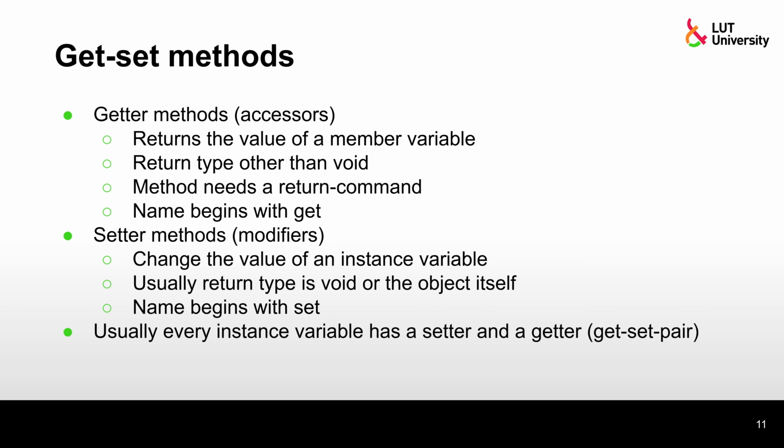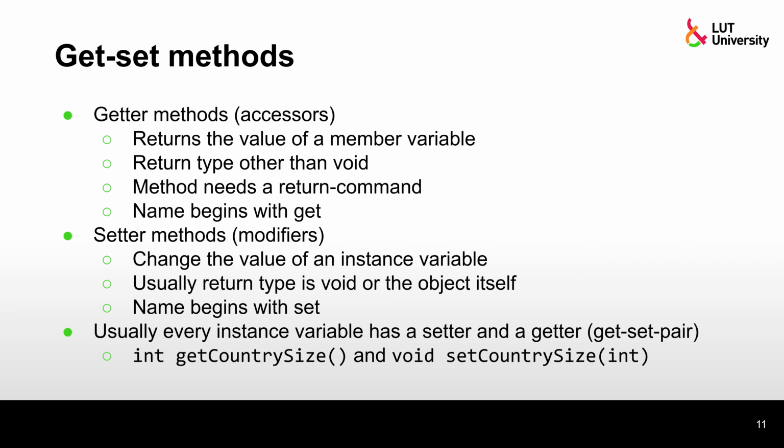It can be, for example, setCargo, and it's inside Rocket, so the rocket can then have a cargo. And if we have this int getCountrySize, so we have a method called getCountrySize. It's probably returning country size, so area of some kind of a country, and it's an integer.